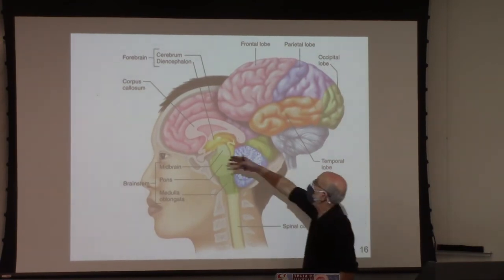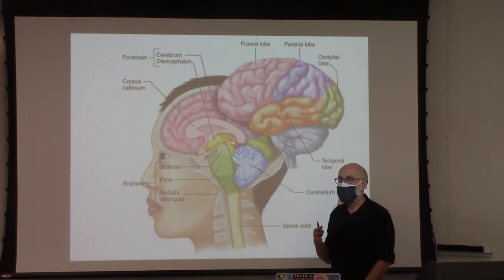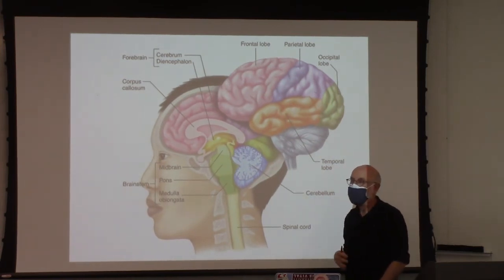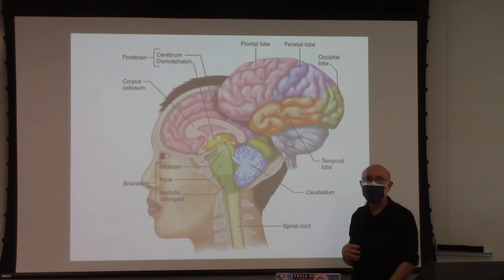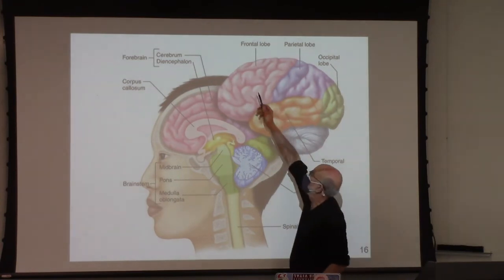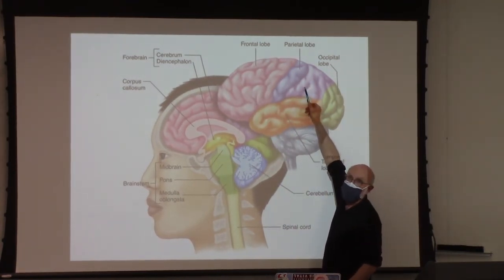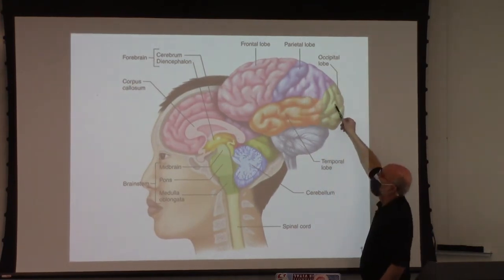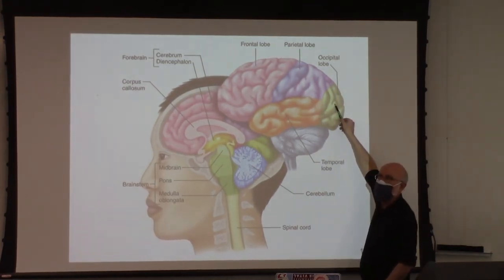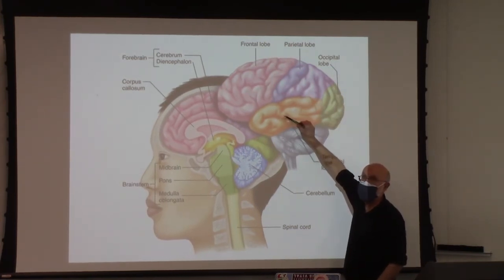The cerebrum has multiple names, and obviously I'm not going to ask you to know every single neuroanatomical term. There's thousands of them, but I want you to know some of the most important ones. The frontal lobe, the parietal lobe of the cerebral cortex, the occipital lobe of the cerebral cortex, the temporal lobe of the cerebral cortex.